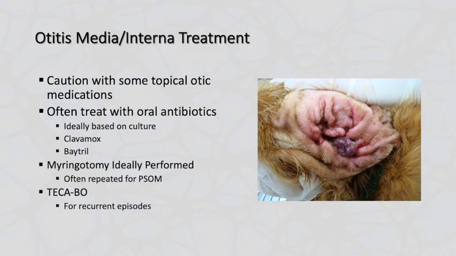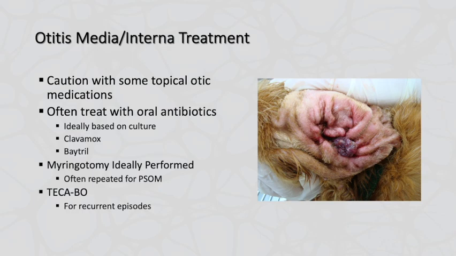As far as treatment, if the tympanic membrane is ruptured, which usually in cases with otitis media interna it's going to be, we need to be cautious with topical treatment just so we don't make matters worse. We usually treat with oral antibiotics, so either Clavamox or Baytril to start with, but ideally we would base it on culture.